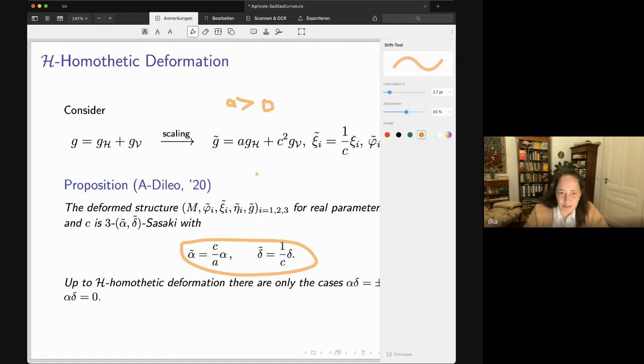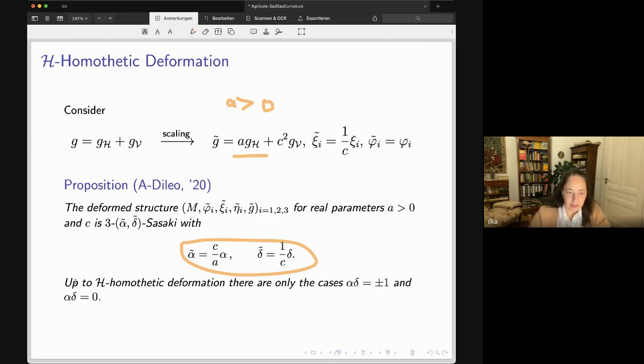It's sort of obvious that it has to be positive because otherwise it wouldn't be a Riemannian metric anymore from this formula here. But we really assume A to be positive. So we see that the sign of alpha delta is preserved, and that also explains why it makes sense to distinguish this positive, negative, and degenerate case.